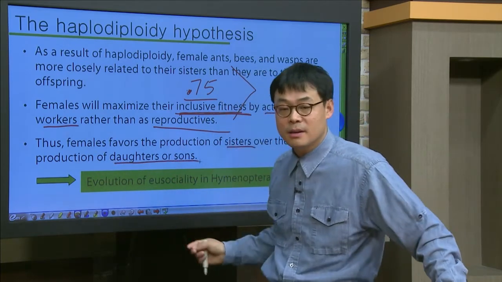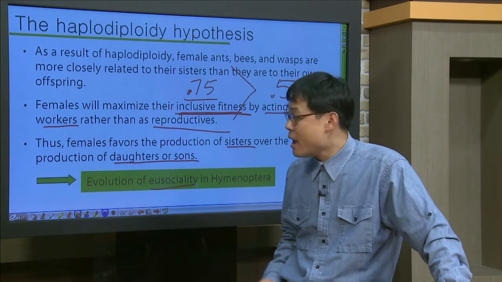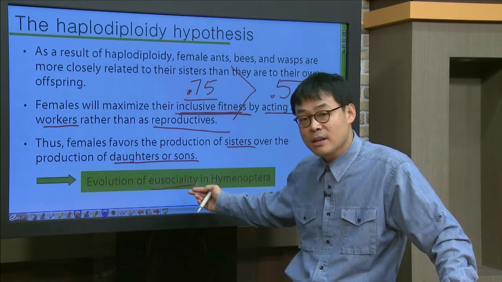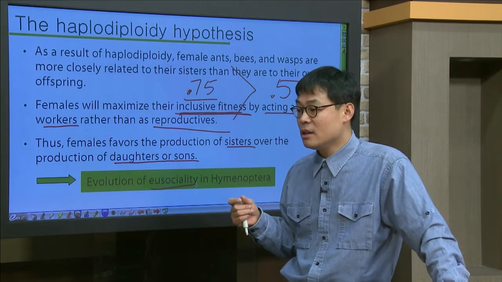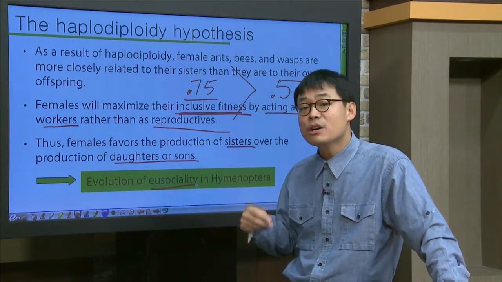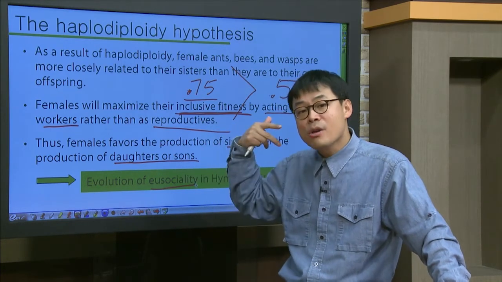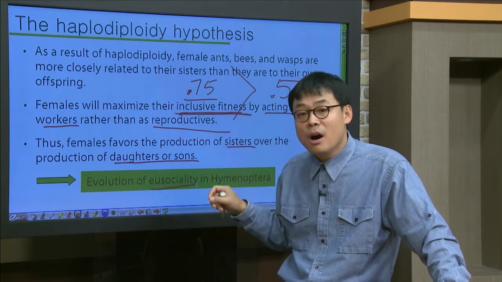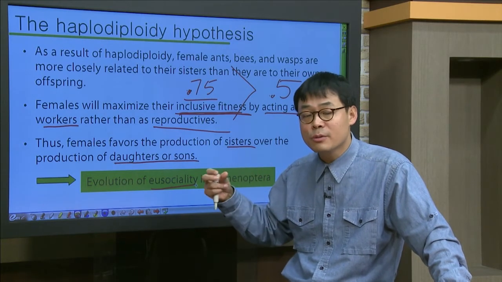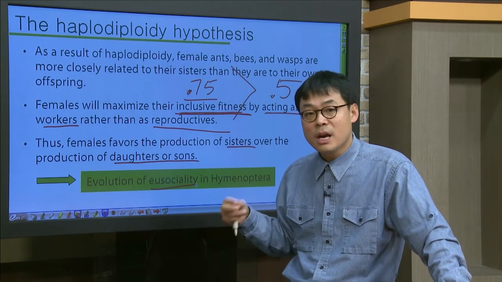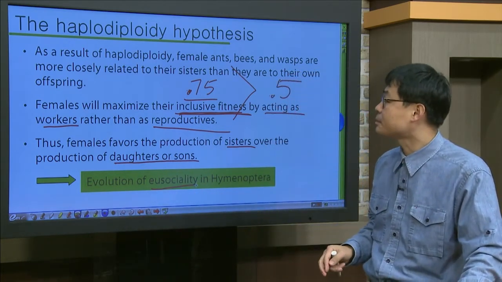And this might be the condition for the evolution of eusociality in Hymenoptera. Eusociality is a continuation of kin selection, which is helping the non-descendant queens so that you increase the inclusive fitness. In Hymenoptera, you help your mother to reproduce a number of your sisters, and your sisters are more closely related to you than your own offspring would be if you reproduced on your own.